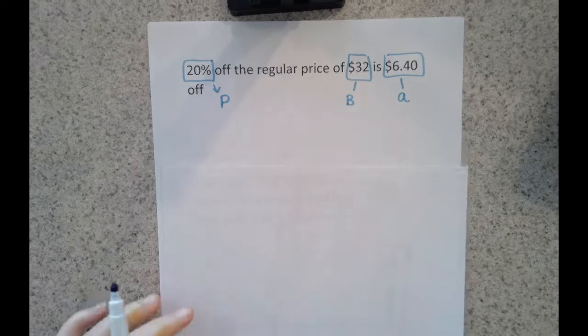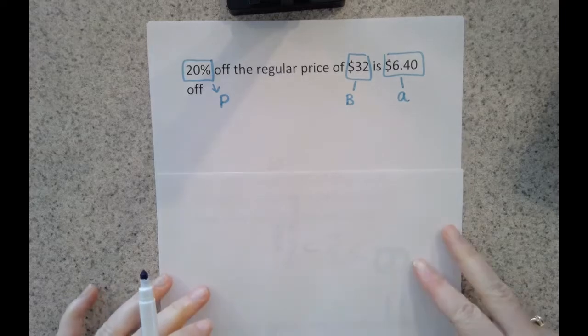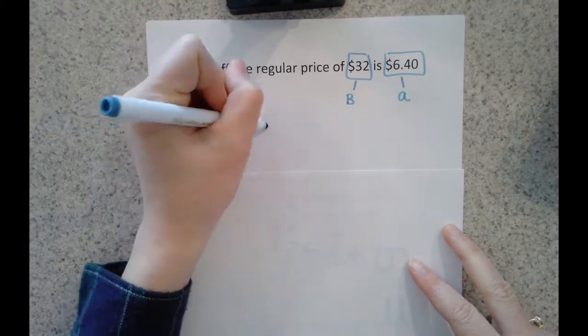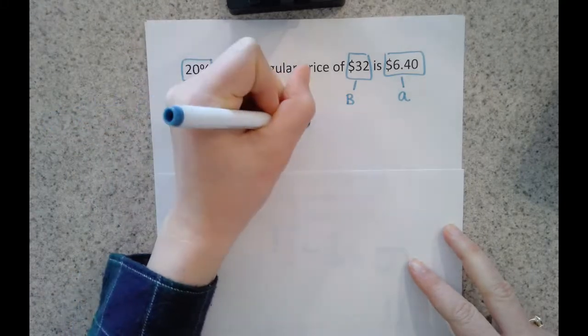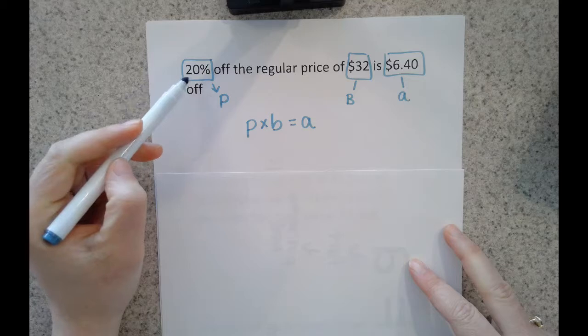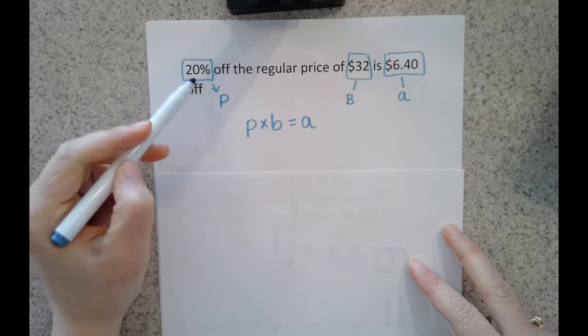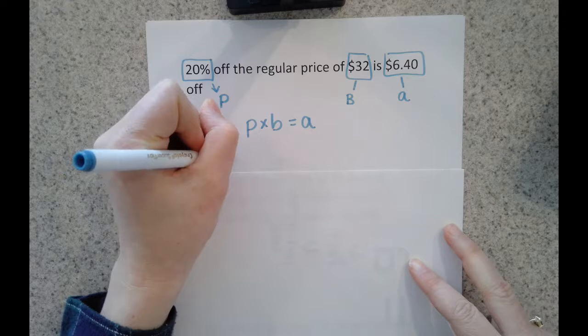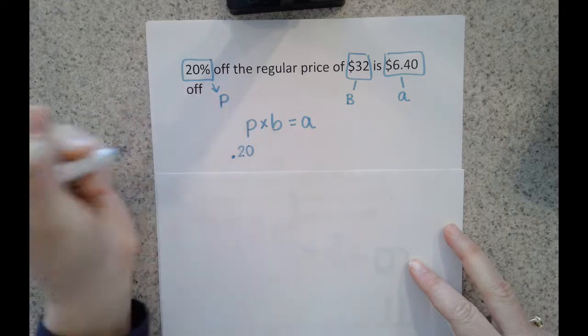Now, if you plug this information into the percent equation, percent times base equals part. My percent is 20%. However, before I plug it in, remember, I need to change this into a decimal. 20% as a decimal is 0.20.